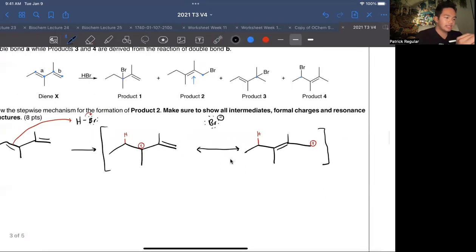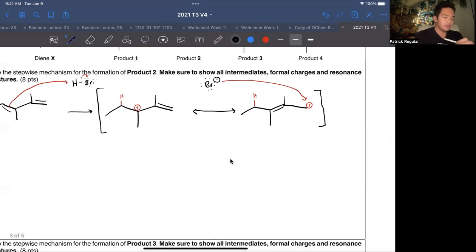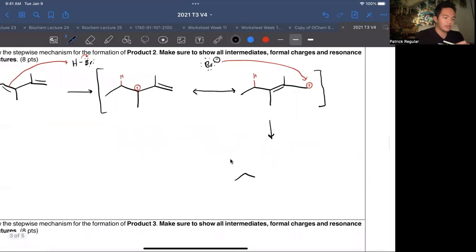Now, let's say this Br were to do a nucleophilic attack on that carbon. If it were, you would get product number two. Look at that. Now, here's the kicker.